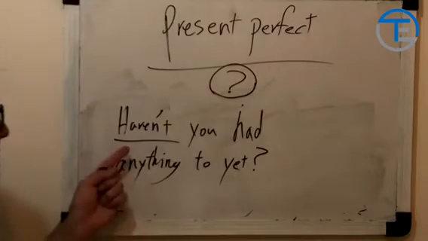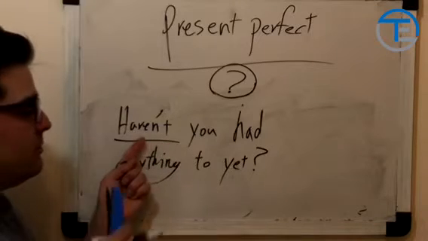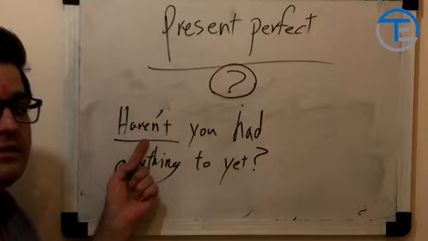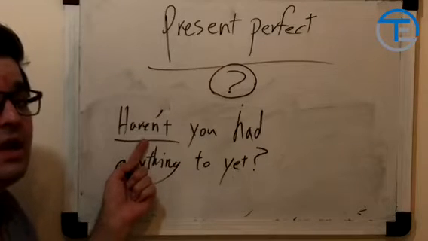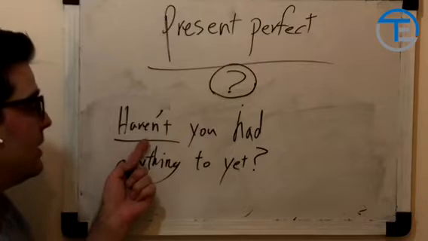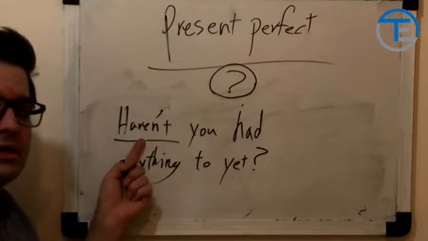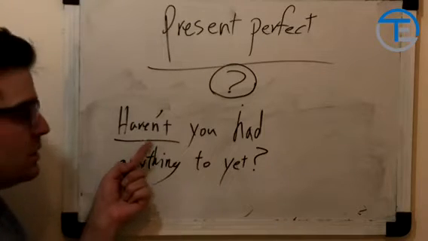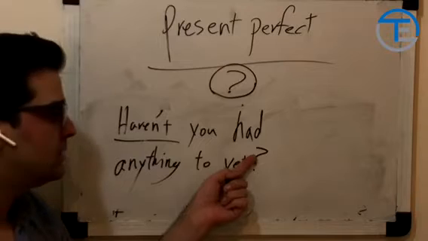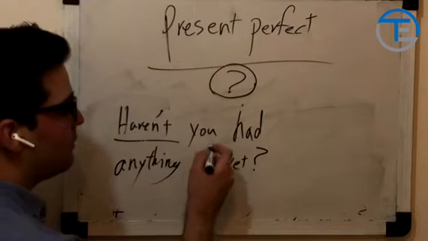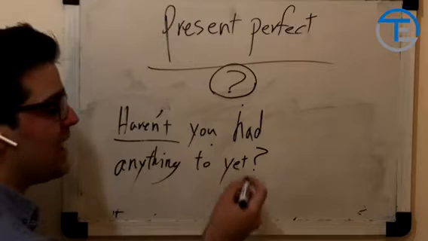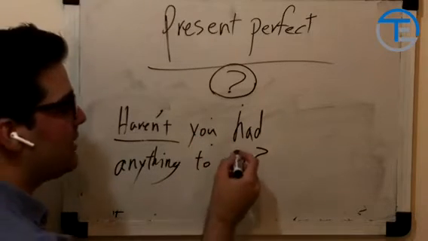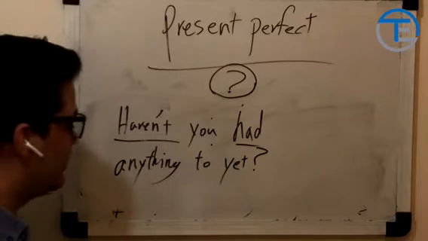Okay, we have a negative. We want to make a question that is negative. Start with the helping verb. So you can say haven't, have not. For example, if you say she, you can write had, because it's the past participle.